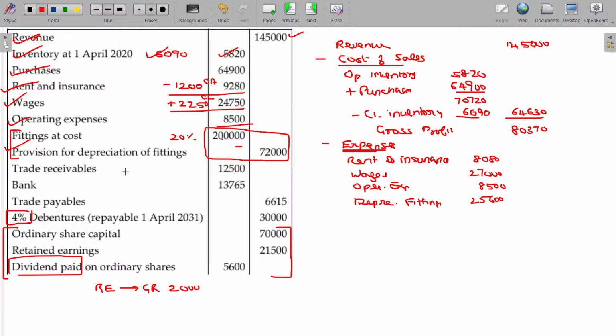Trade receivables, bank being current assets, trade payables being current liabilities, and debenture interest is there. Now you first subtract this value, so this value put together 69,180. If I subtract, then the value being 11,190 is nothing but profit from operations.